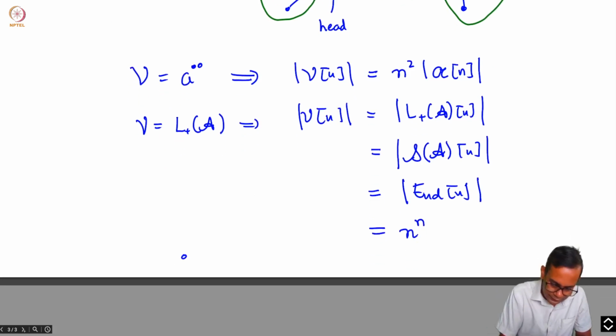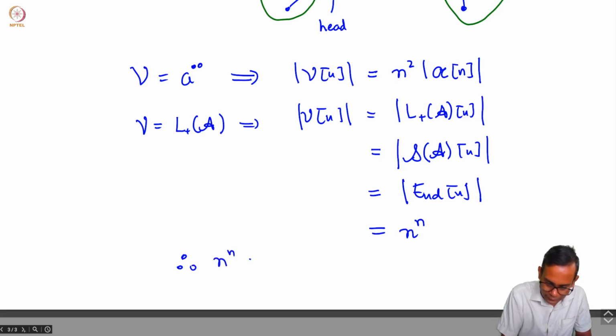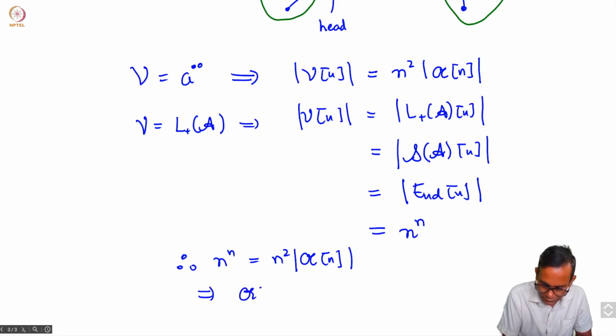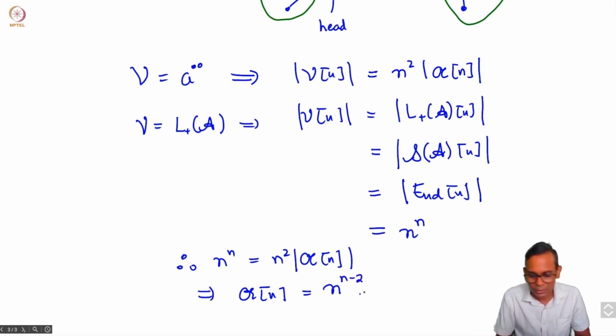So what we get is n to the power n is n squared times the number of tree structures on a set of size n, which means that the number of tree structures on a set of size n is n to the power n minus 2, which is a famous theorem of Cayley.